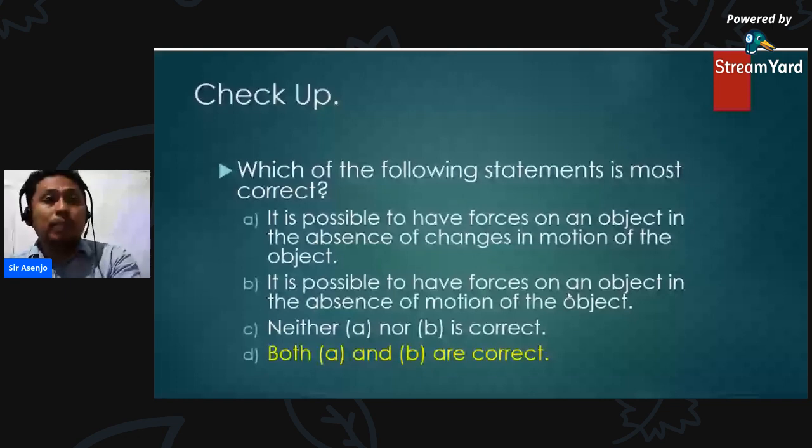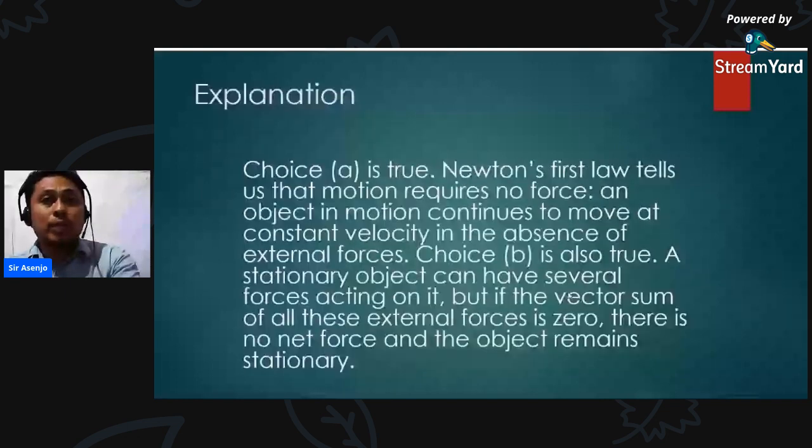Explanation: choice A is true. Newton's first law tells us that motion requires no force. An object in motion continues to move at constant velocity in the absence of external forces. When you throw a stone in outer space, it will continue to move forever as long as there is no external force acting on it.